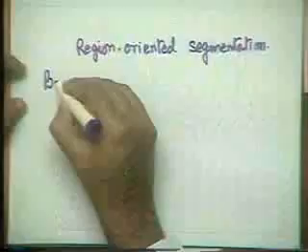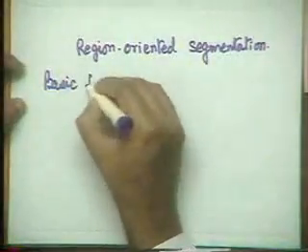Now, before we go into the details of the region-oriented segmentation approach, let us have some basic formulations about the region segmentation, or rather some basic formulations about segmentation is necessary. So we first define all those basic formulations.